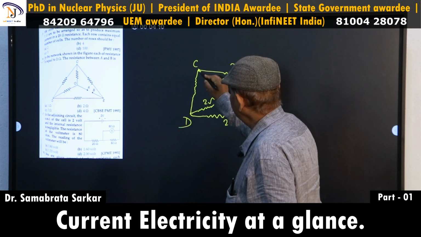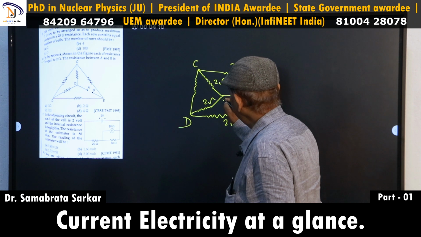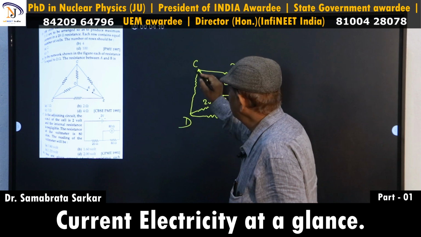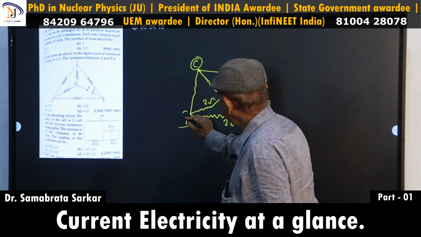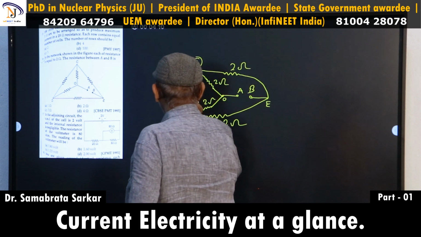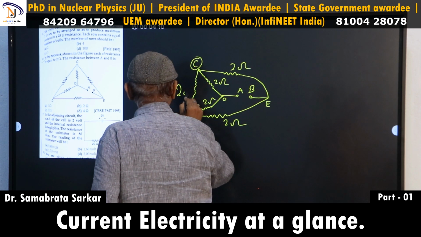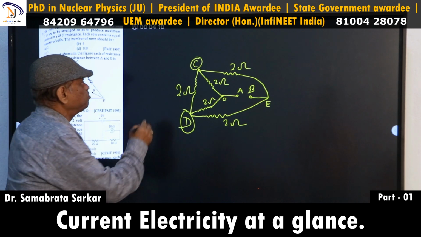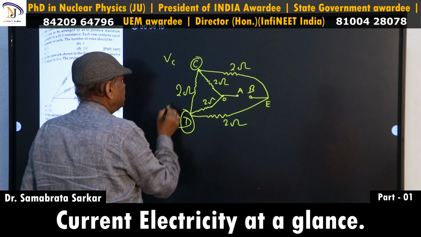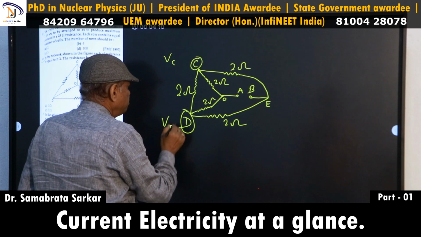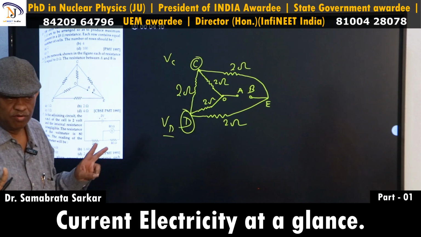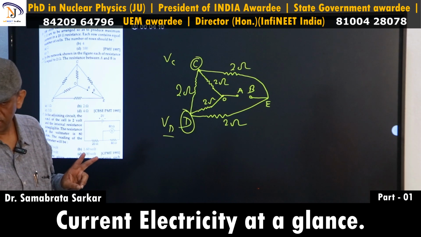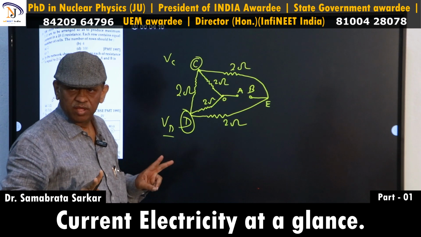The potential at this point and this point is equal. So if the potential VC and VD are equal, then no current will flow, like a galvanometer.